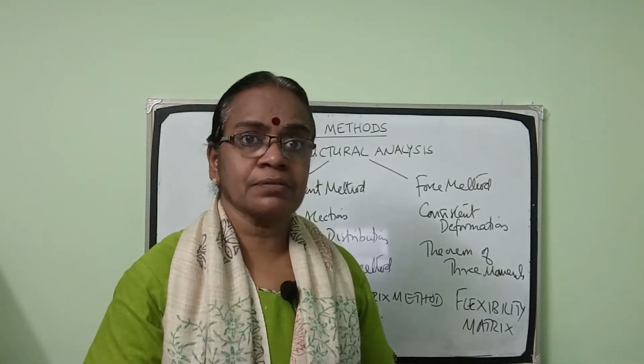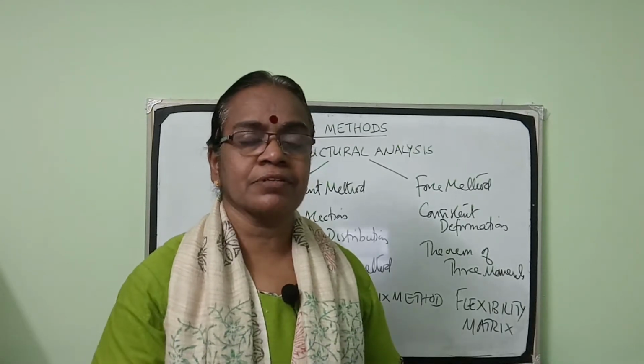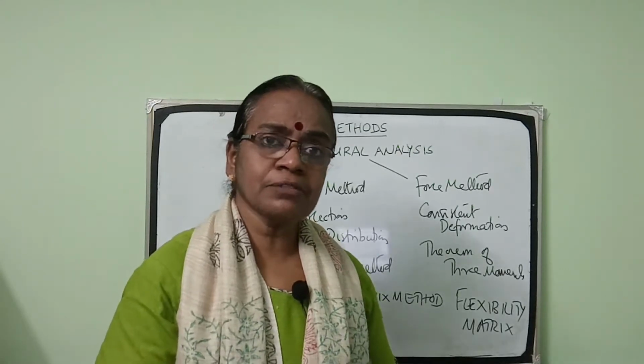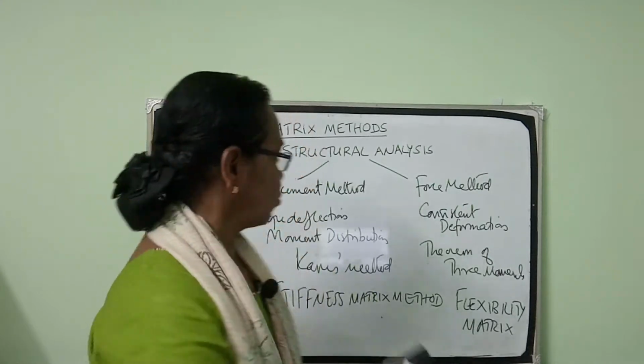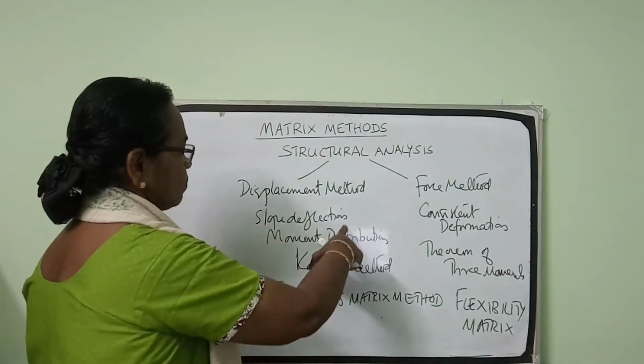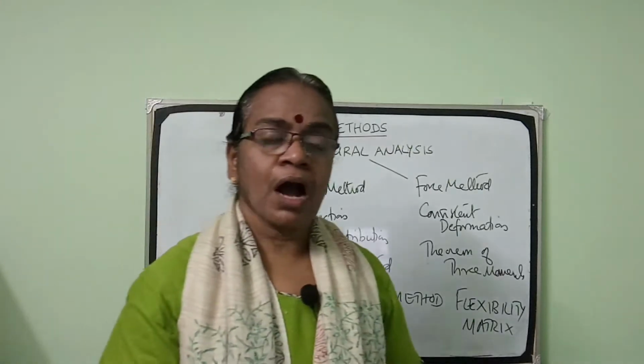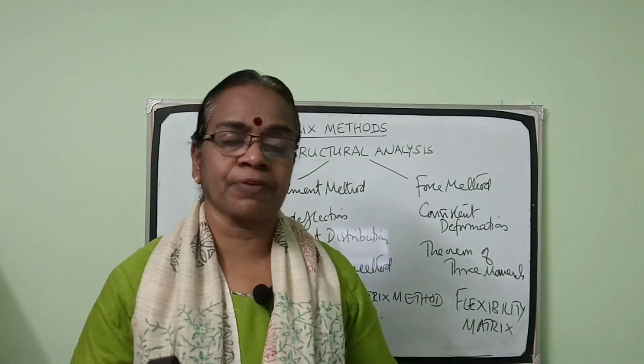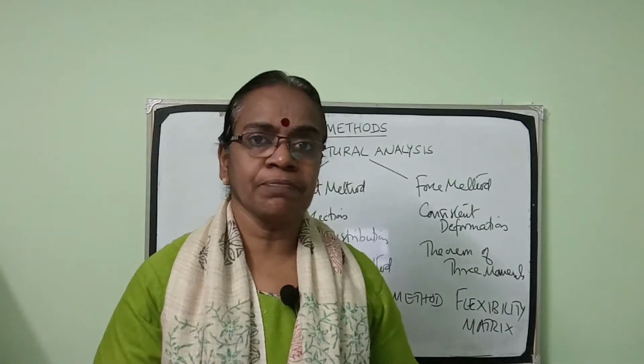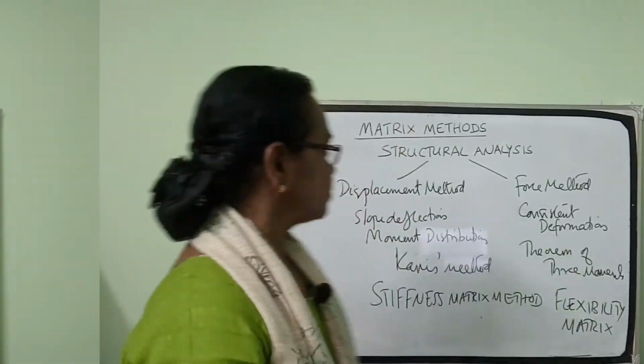The basic principle of the stiffness matrix is actually the matrix formulation of the slope deflection method. So let us pass on to how to derive the stiffness matrix from the slope deflection equations.